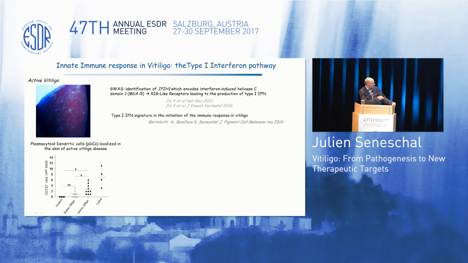You can find high expression of this protein in the perilesional skin, whereas in contrast it totally disappears in the lesional skin, suggesting that type 1 interferon is like a wave of inflammation following the progression of the disease.